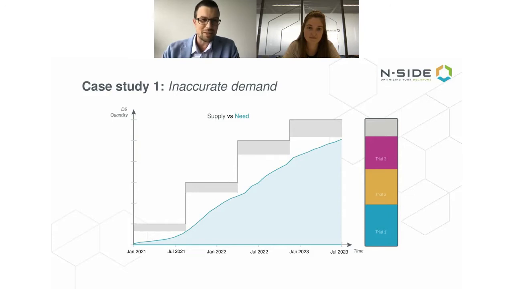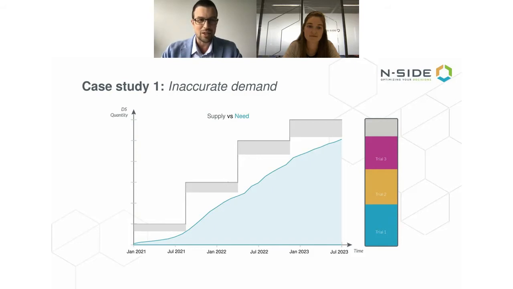But then we did a little bit of digging and looked at each of these 3 trials individually and tried to figure out whether there was something that could be done in a more efficient way to ensure that on the manufacturing side, things rolled a little bit smoother. And we were actually pretty surprised by the outcome on this particular one.